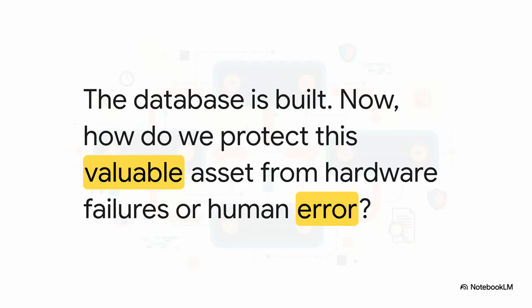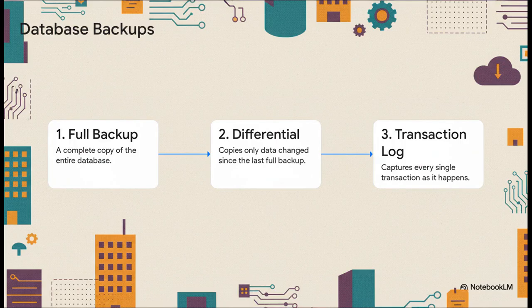Okay, construction's done, the system is live, it's running beautifully, our digital building is complete. But what happens if there's a disaster? A fire, a flood, a major hardware failure? How do we protect our valuable asset from being wiped out in an instant? The answer is a multi-layered safety plan: backups. A full backup is pretty much what it sounds like: a complete copy of absolutely everything.